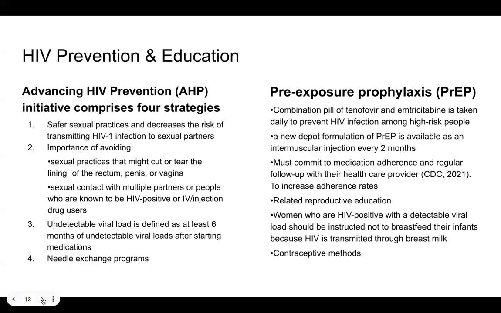Then the third strategy is to get people to an undetectable viral load, which is defined as at least 6 months of undetectable viral loads after starting the ART medications. And needle exchange programs can help this. I know Tapestry Health does a lot with this, and I know that Holyoke has a needle exchange program.